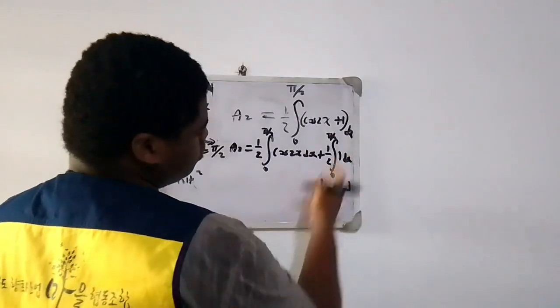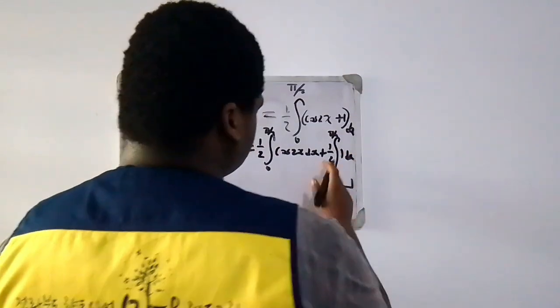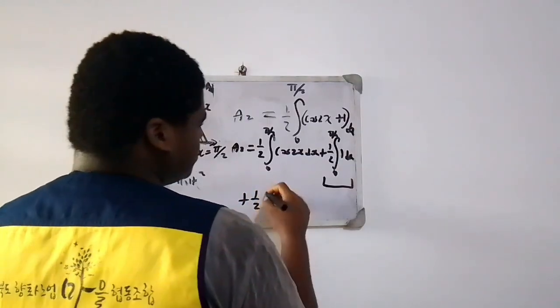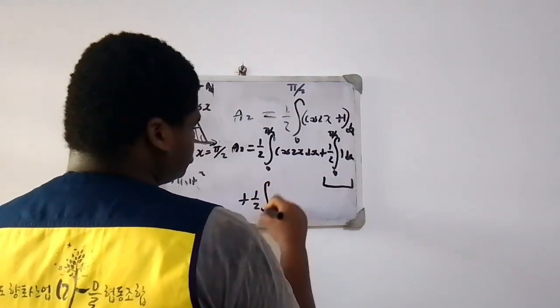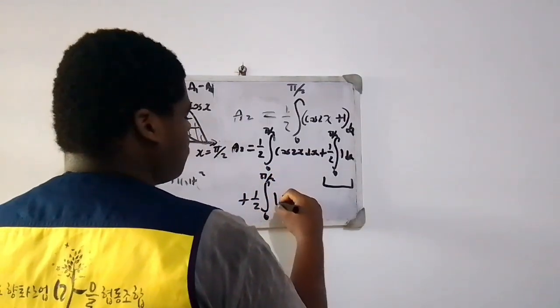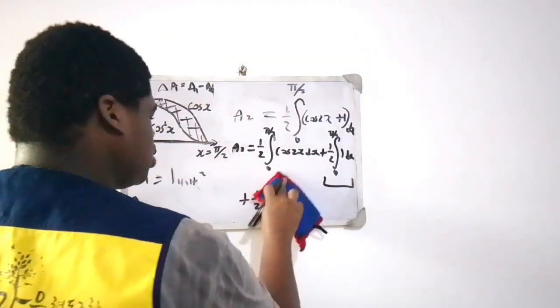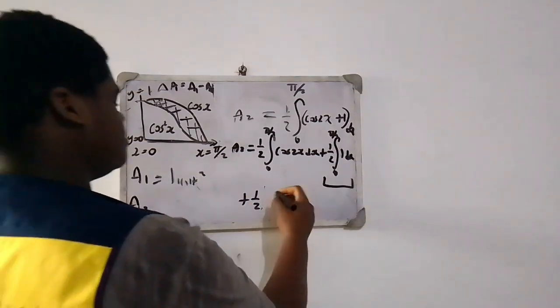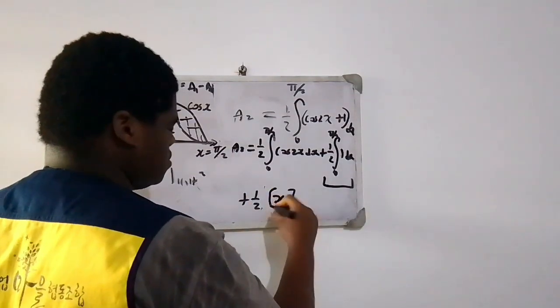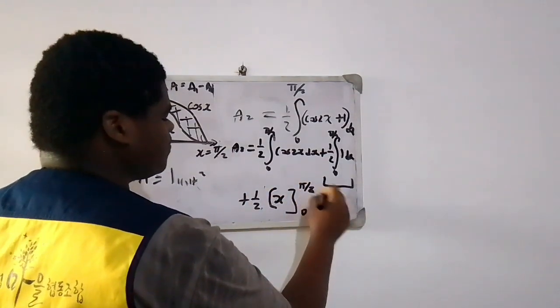This is a simpler one to solve, so we're going to solve this one first. Here we have plus half times the definite integral from 0 to pi over 2 of 1 dx. The integral of 1 with respect to x is equal to x, from 0 to pi over 2.